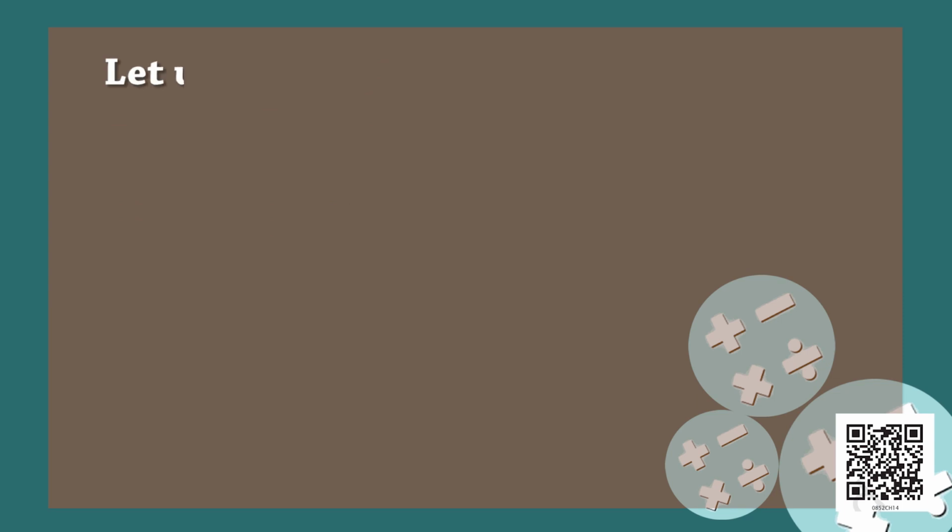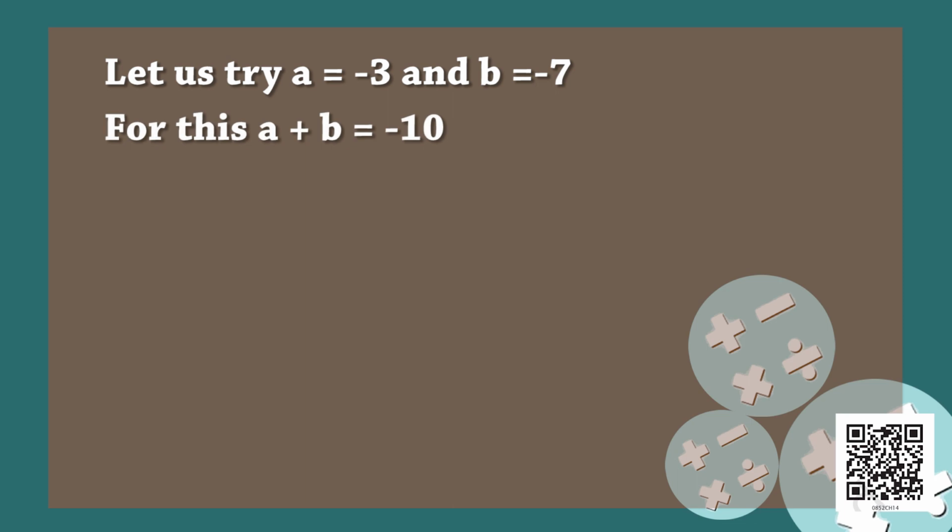So, this choice is not right. Now, let us try a is equal to minus 3 and b is equal to minus 7. Then clearly a into b, that is minus 3 into minus 7, is equal to 21 and a plus b is equal to minus 3 plus minus 7, that is minus 10, which is exactly what we required.